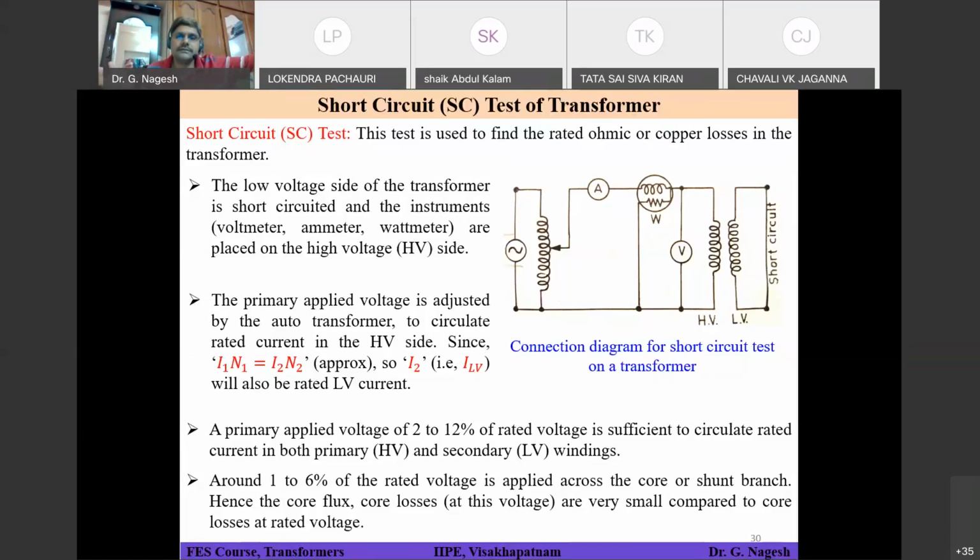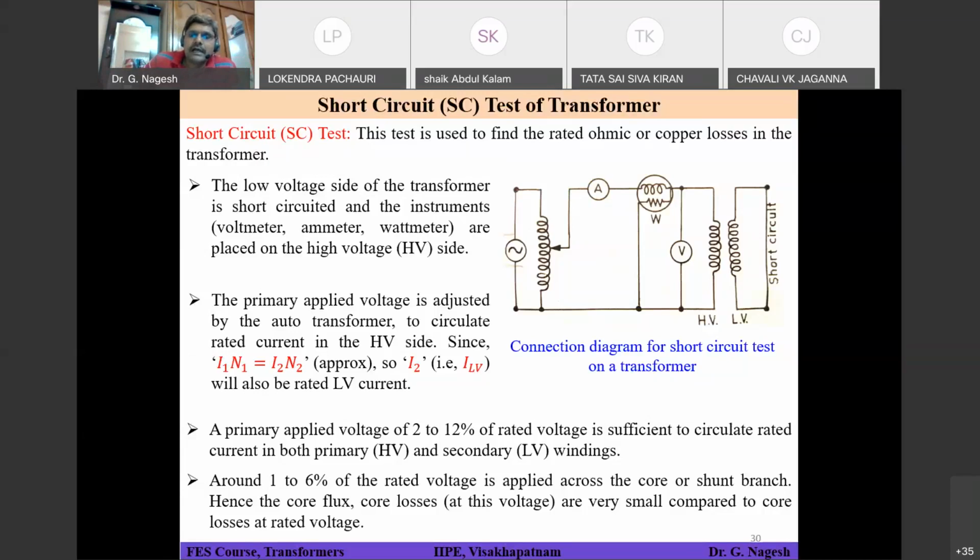So that is the reason why we are trying to find out the full load copper losses by performing this short circuit test. To find out full load copper losses, you have to send the rated current in that particular winding. Then only we'll call it full load copper losses. So that's why we are sending rated current.